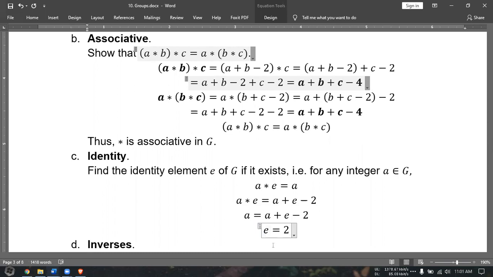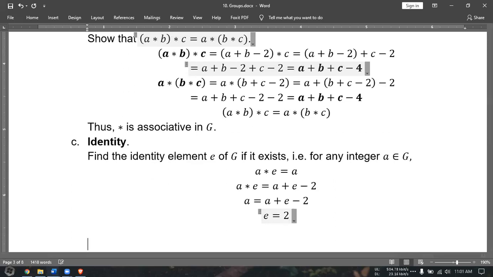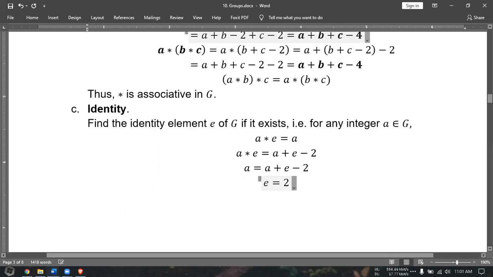Now, although it's not necessary, pero i-test natin. Let's see if this is true. Pick any element of the integers and then operate natin siya with the identity element 2 and we should be getting the same.